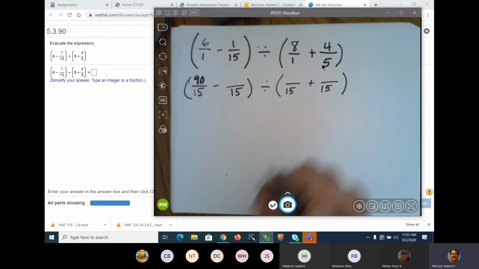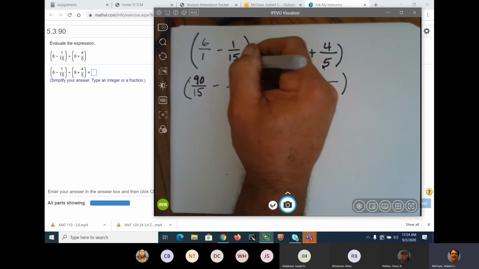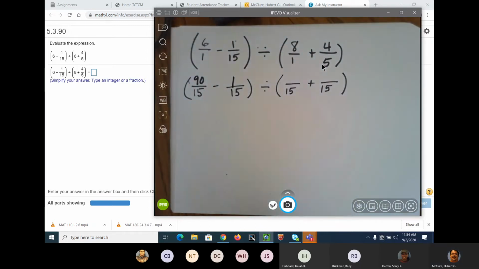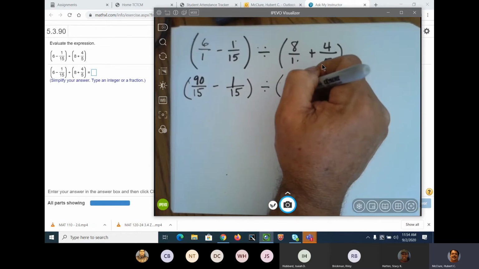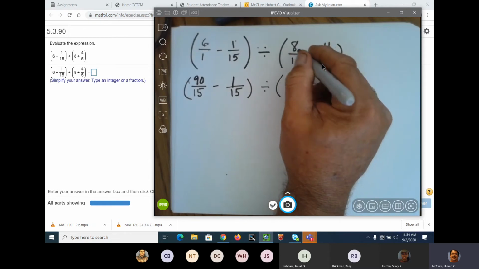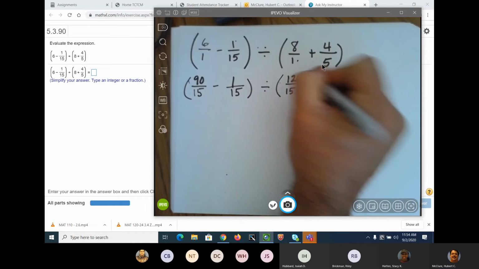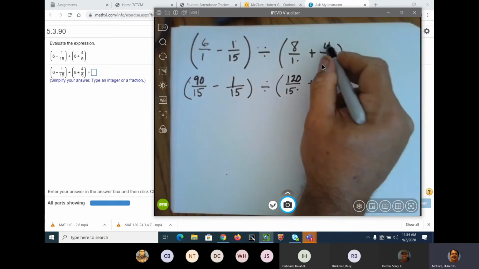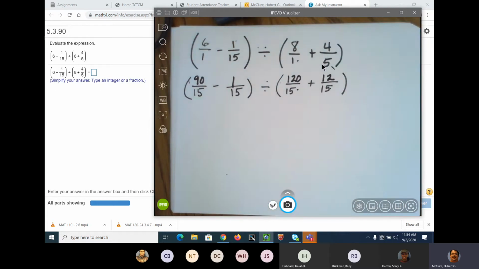Y'all check me, because sometimes I say it's 90, sometimes 80. I think it's 90. 15 will go into 15, 1 times 1 is 1. 1 will go into 15, 15 times 8 is going to be 120, I believe, but somebody check me. And 5 will go into 15 3 times. 3 times 4 is 12.